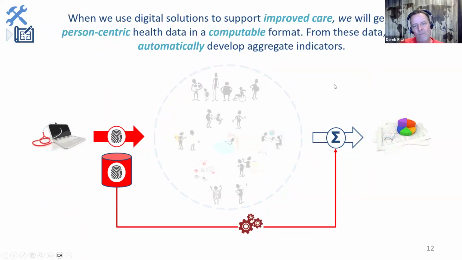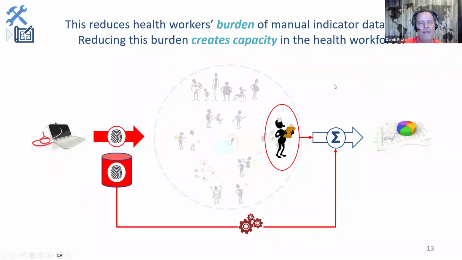And when we frame the problem this way, what we end up getting is a capacity increase to be brought to bear in terms of care delivery, because all of that aggregate indicator reporting was parasitic on the nursing staff. They spent a huge amount of time, and by a huge amount of time, I'm talking about 5-6 hours a week.